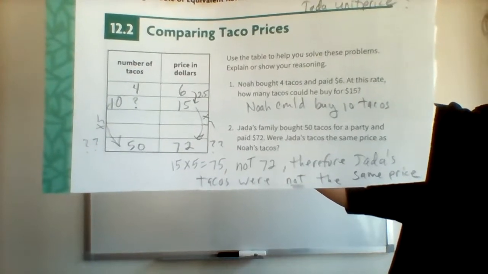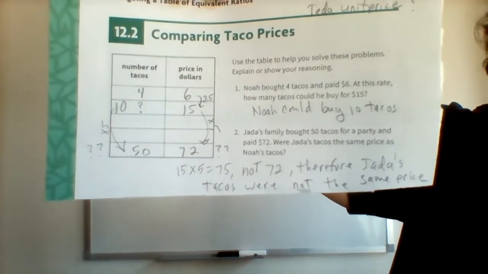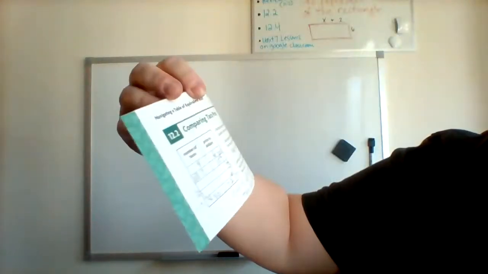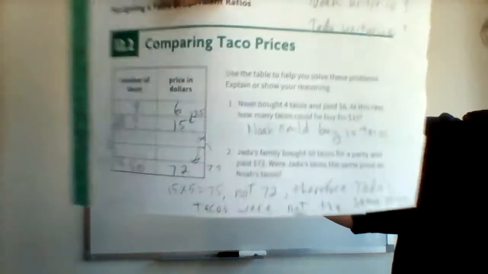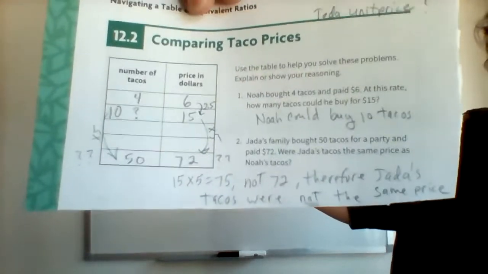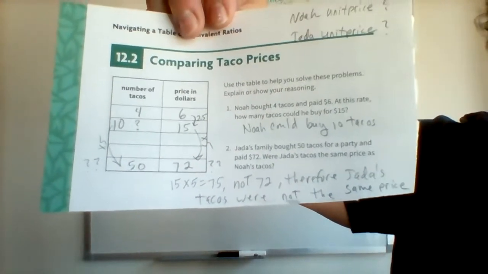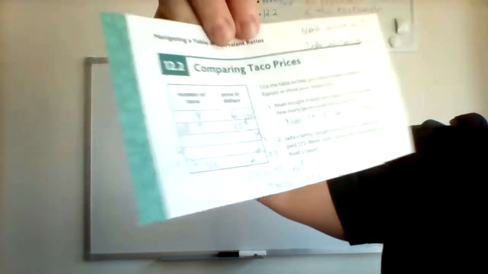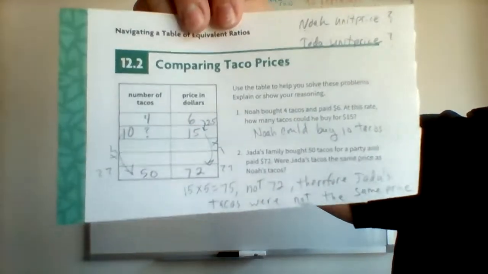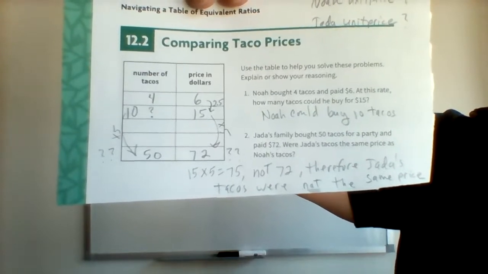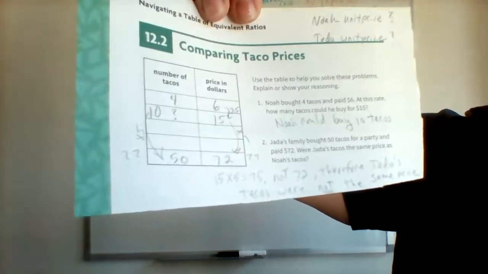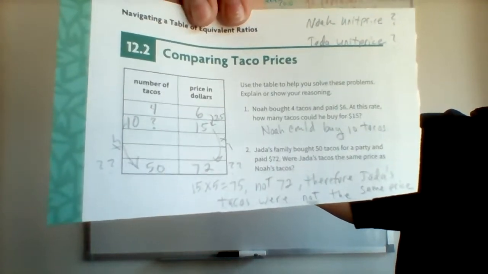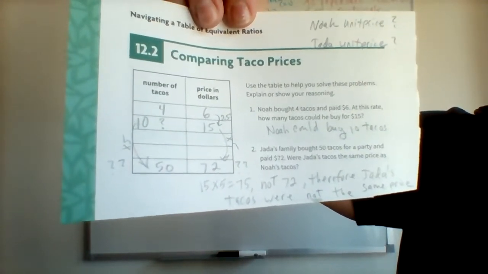Take a look at how I filled out the table. Now, how do you get from 6 to 15? If you take 2.5 and you multiply it by 6, you get 15. So now we have to go over to 4, and we need to multiply that by 2.5 also.